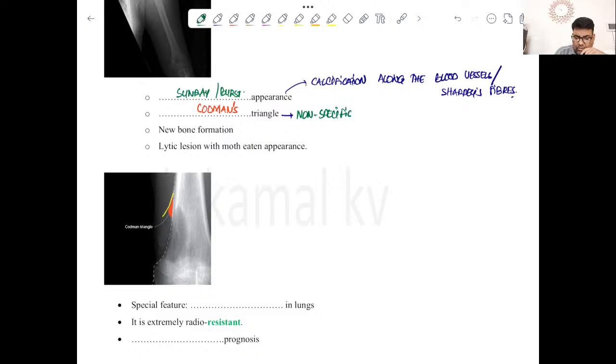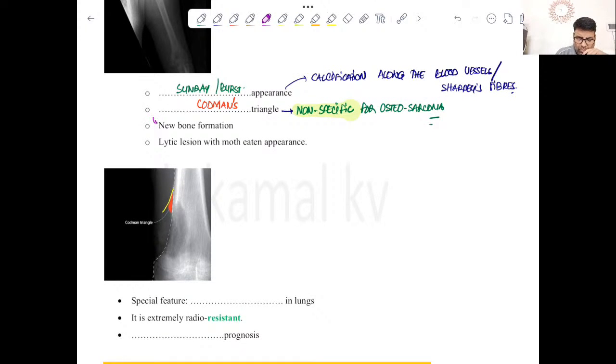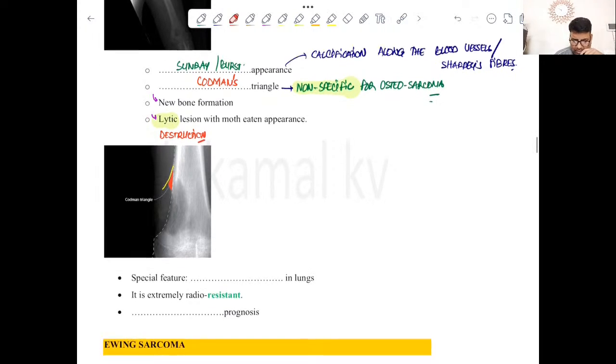When I use the word non-specific, it means it is not seen only in osteosarcoma, it can be seen in other conditions as well. Please remember this because it has been recently asked in the ICT exam. Then there is new bone formation by the tumor cells, and there is bone destruction. Lysis means destruction, so there is destruction with a moth-eaten appearance.